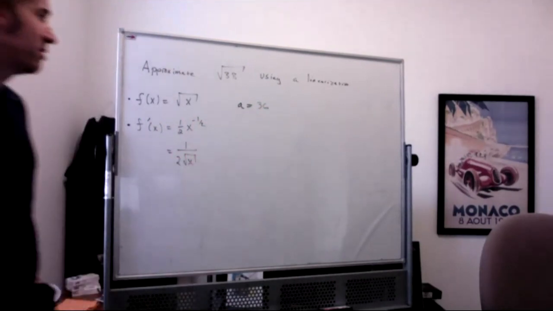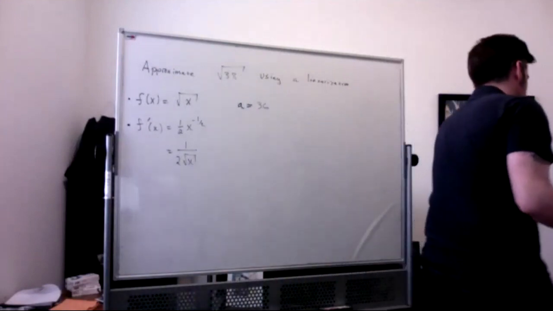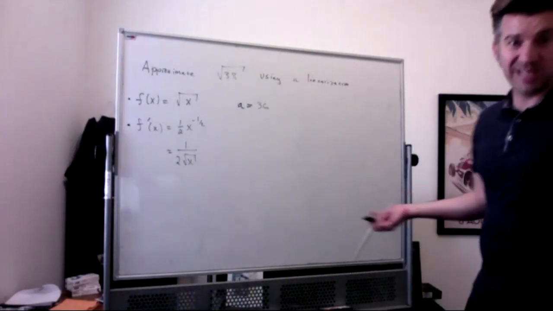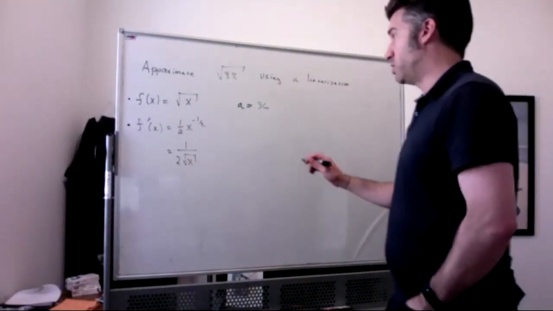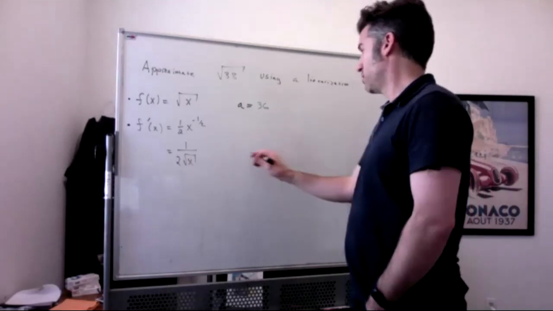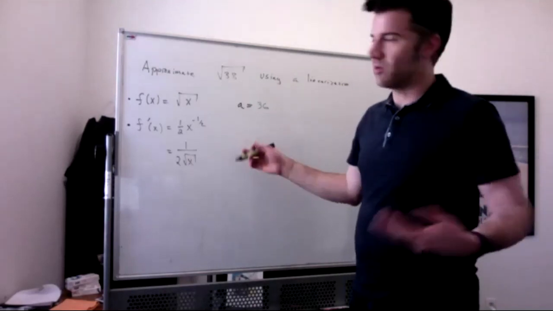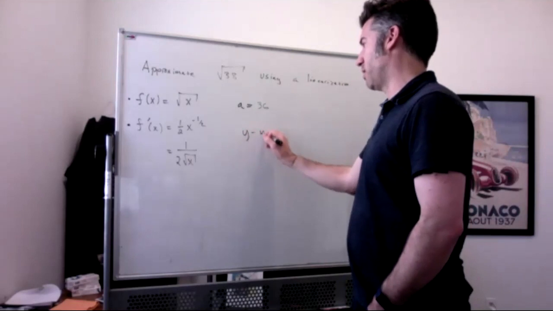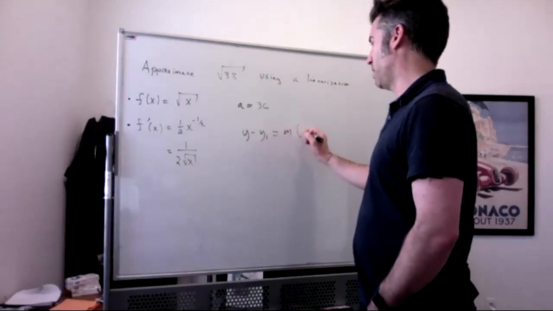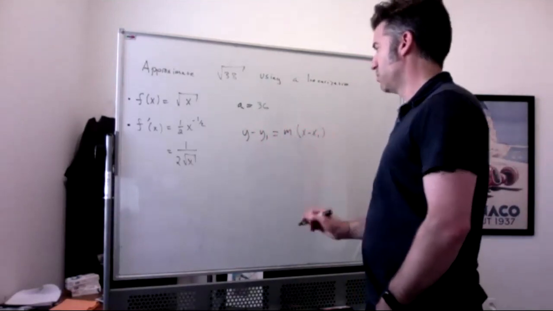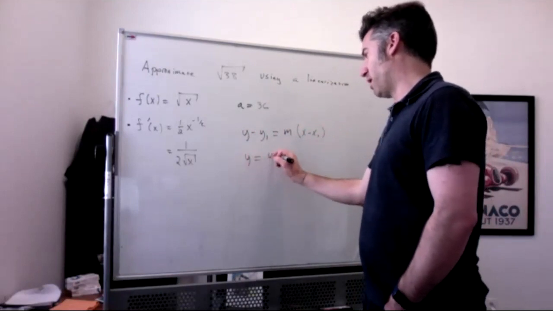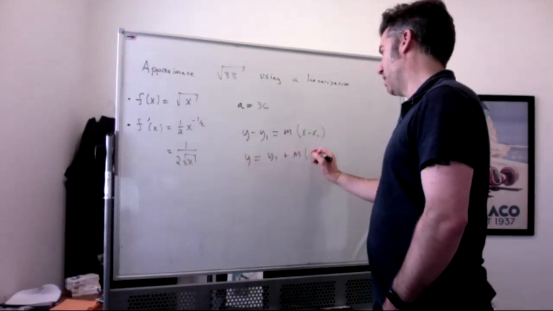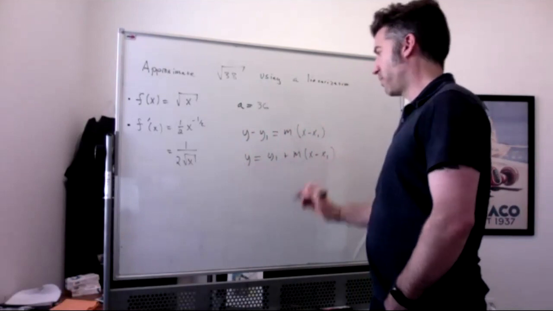All right. So then we need the equation of the tangent line, which you can write a couple ways. You can say, y minus y1 equals the slope times x minus x1. Or y equals y1 plus m times x minus x1.